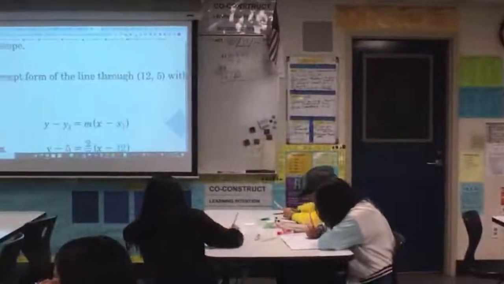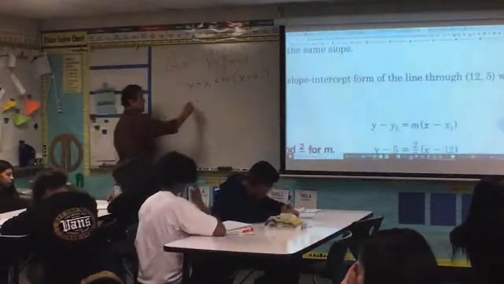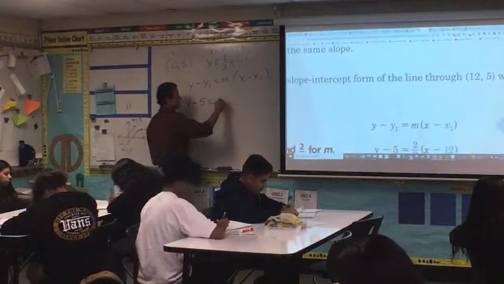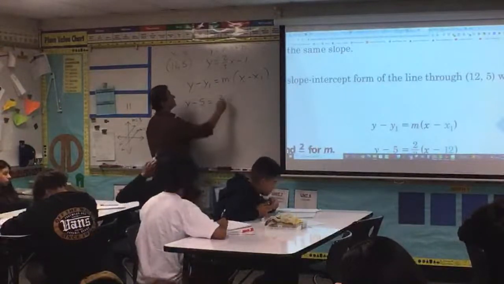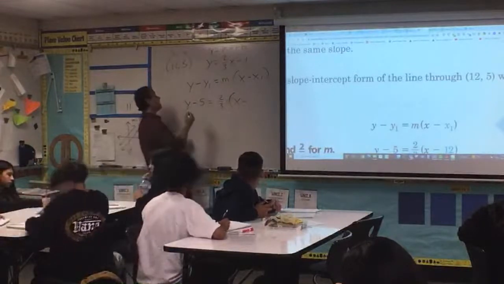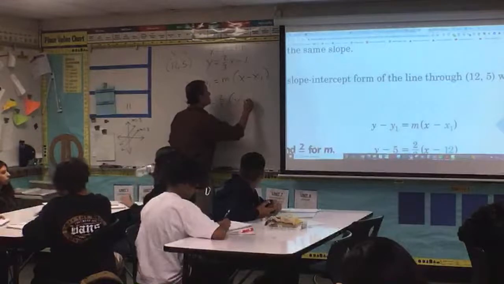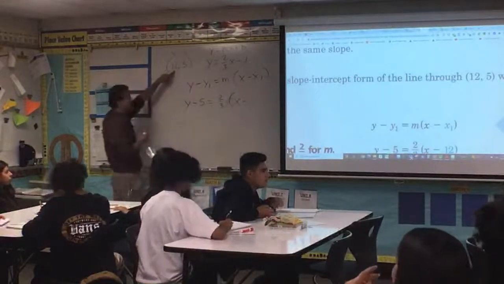So Emmanuel, what do I write? Tell me what to write down. Y minus equals 2/3 times the quantity x minus, do what? What's the value of x?